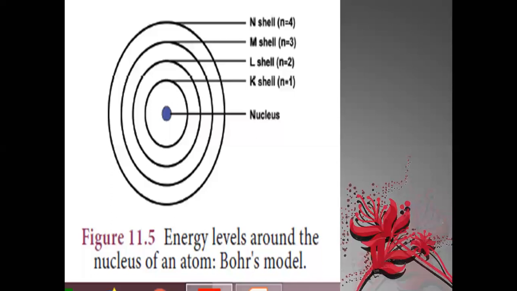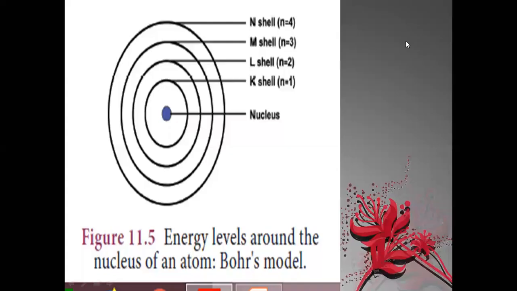Now we have seen the Bohr atom model. Bohr was the first to explain the structure of an atom, so this model is known as the Bohr atom model. He suggested some postulates. The first postulate is a heavy positively charged body at the center, called the nucleus.